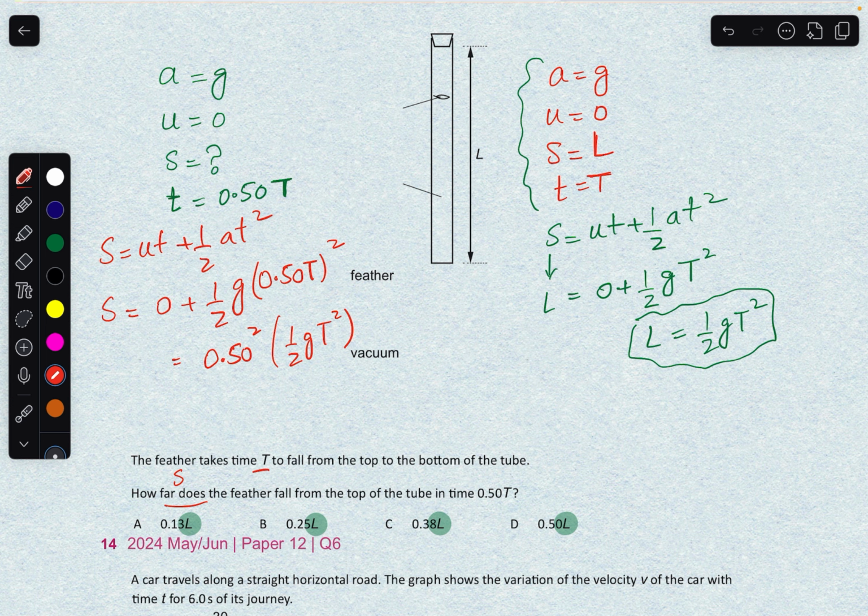I'm intentionally writing it like this. It will not make any difference, right? Because all the things are multiplied with each other. So I know this half g T square is equal to L, so I can write s is equal to 0.50 square into L. And if you find 0.5 square, it will give you 0.25 into L. So it's option B that is correct.